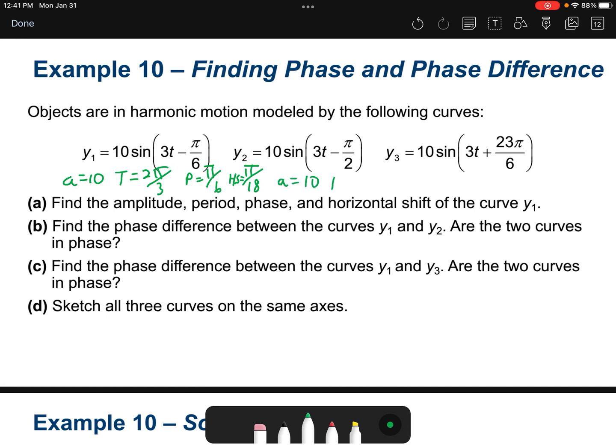Versus this one, A is 10, period is 2 pi over 3, the phase is pi over 2. Now what's the horizontal shift? Pi over 6. So these are out of phase. Pi over 6, pi over 2. And then the last one, again, amplitude's 10, period's 2 pi over 3.